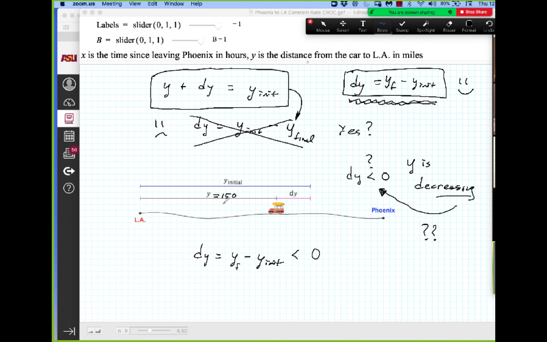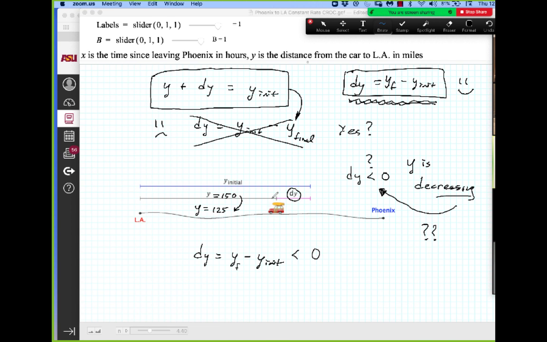In a little bit of time, what will y be? Less or more than 150, if a little more time goes by? Less. So what was the change in y? Negative 25, right? So as x increases, y is going down. So this dy is getting more and more negative. And then everything works, right?